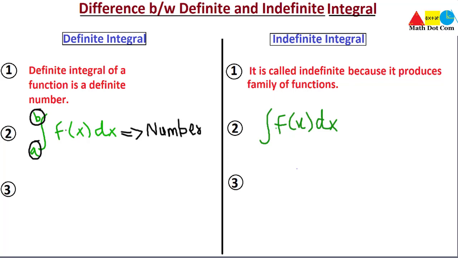So what you will get after integration in such a case is, as I have written above, a family of functions. So what we will get is f of x plus c. C is a constant and f of x is a function.